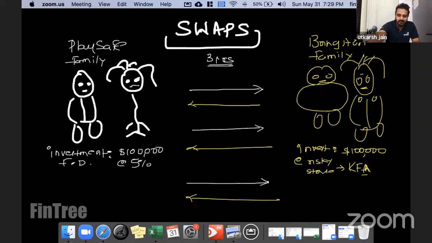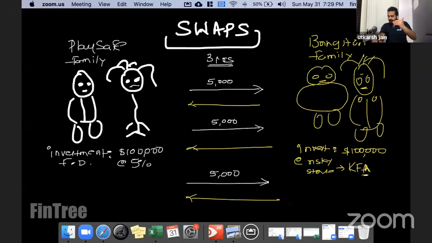Okay, so let's say one part of the puzzle is very easy for us, because we know that the PlaySafe family every year is going to pay 5,000. So that's not going to change. That's 5,000, constant. And the Bring It On family every year will pay depending on how the stock behaves, which is an uncertain variable here.